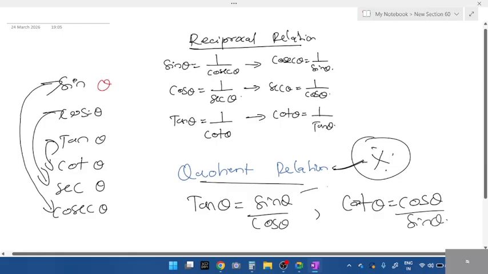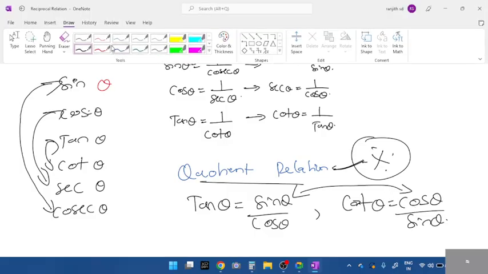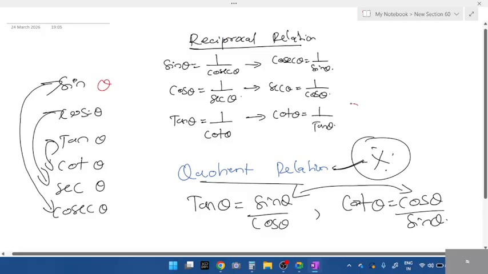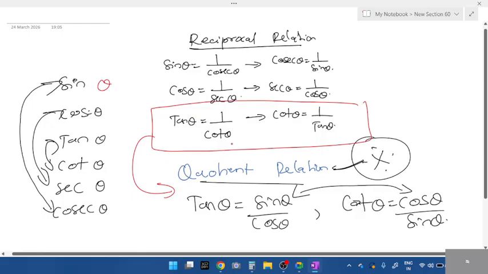Can you see we have just reciprocated the values? Sin by cos became cos by sin. Is this clear, students? All of you understood? It is because of this formula: we know tan is equal to 1 by cot.